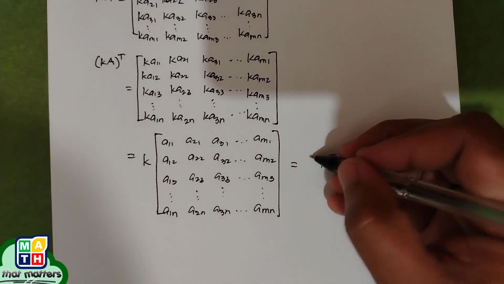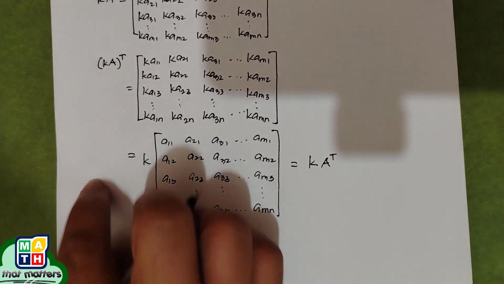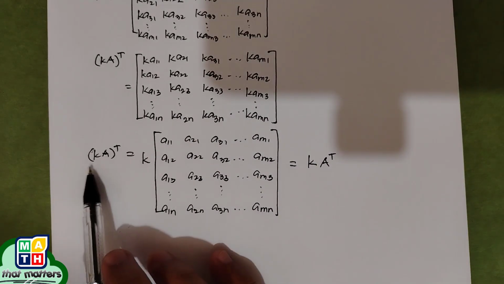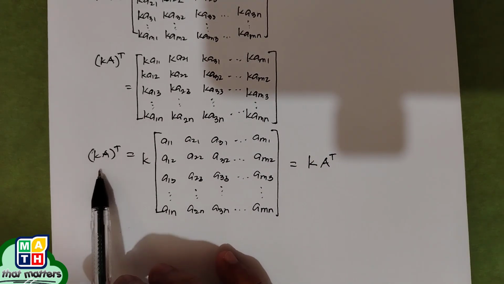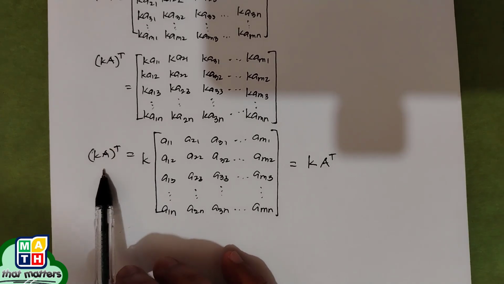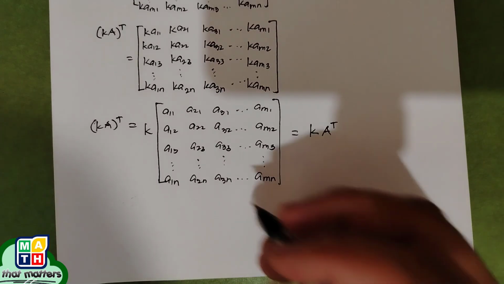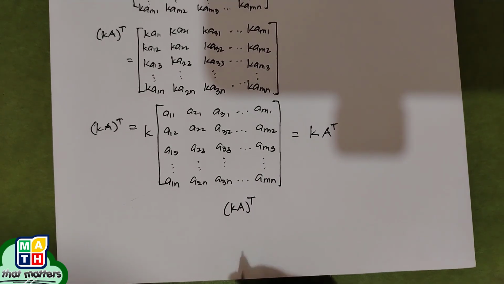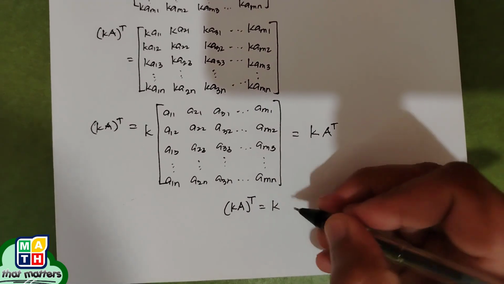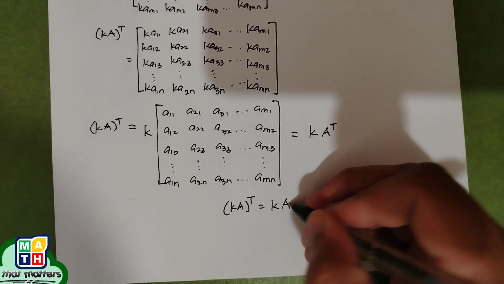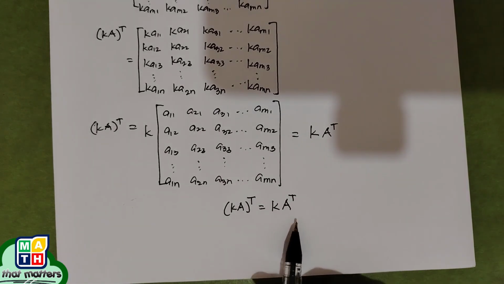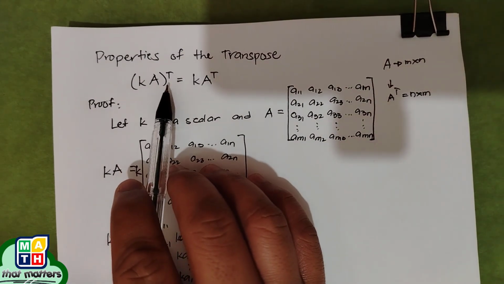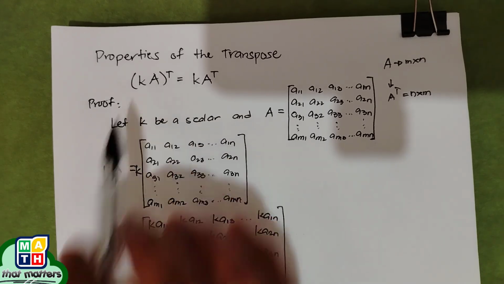And with this, you will have k here. So from the transpose of the result of scalar k and matrix A, we have now shown that the transpose of kA, where k is a scalar and A is a matrix, is equal to k times the transpose of matrix A. This is the intended property of the transpose.